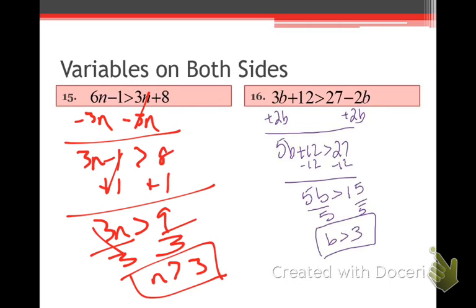And there's 15, right? So you should end up with n is greater than 3 for 15, and b is greater than 3 on 16, okay? That's it. Any major issues or questions? Got a pretty good handle on it?